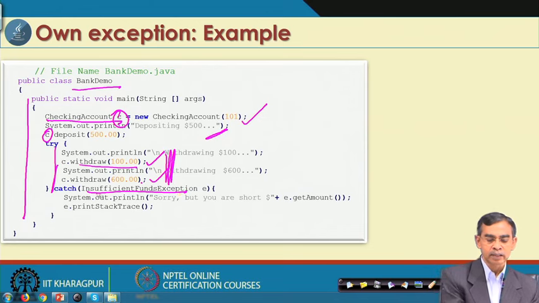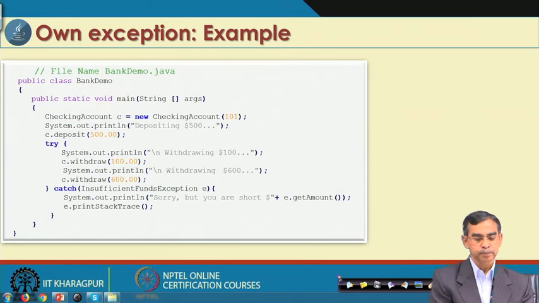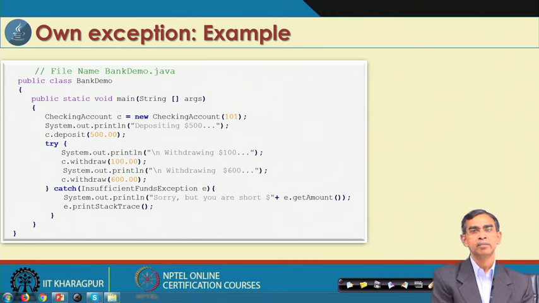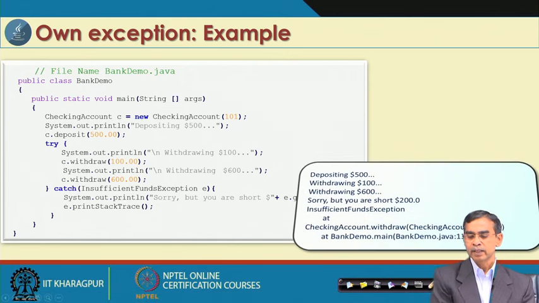So, this is our own exception, a user defined exception, as you can note here. Now, there are a few instances that may occur. If you run this program, the entire class declaration that we have discussed, there are a few instances of the input that we can see: depositing $500, withdrawing $100.